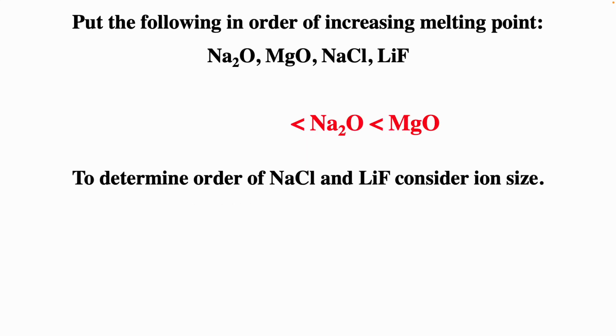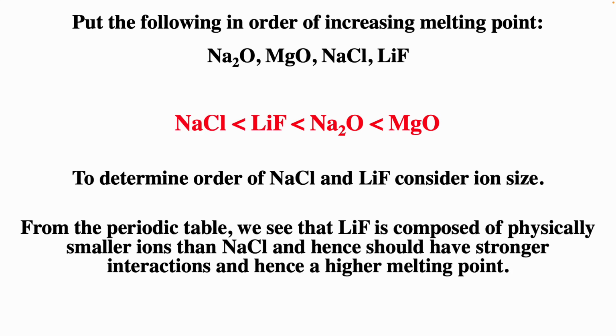And now, if we want to distinguish between sodium chloride and lithium fluoride, lithium is above sodium on the periodic table. Fluorine is above chlorine. And so lithium fluoride is composed of smaller ions. And so sodium chloride should have the lowest melting point.